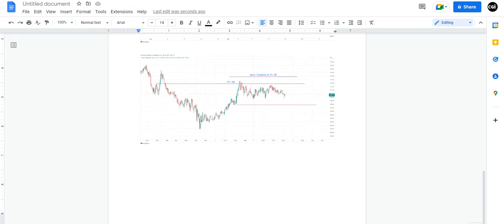So you say I have marked the bearish order block and mean threshold of the bearish order block on the 1 hour chart.